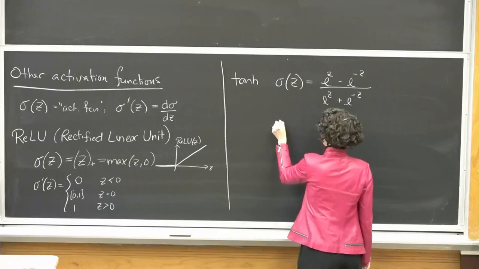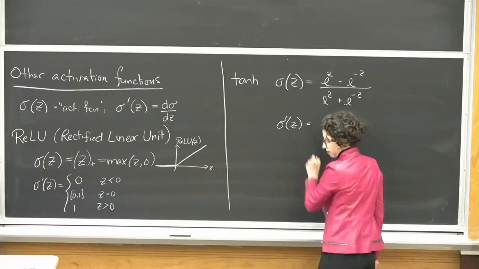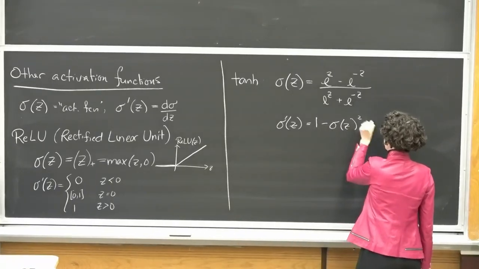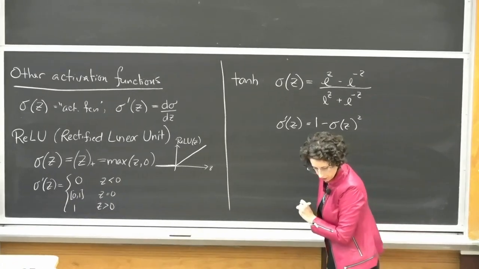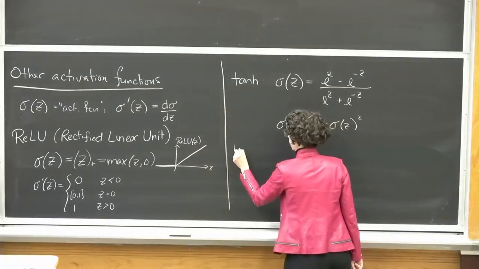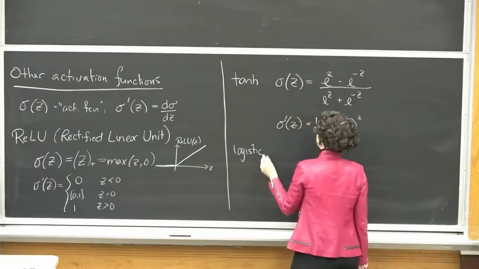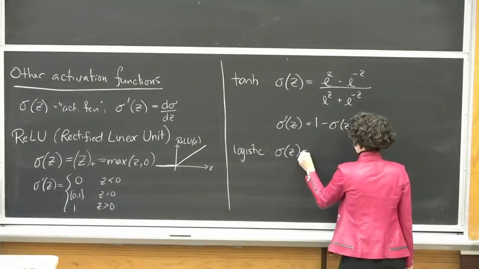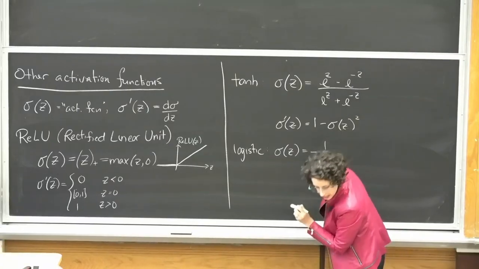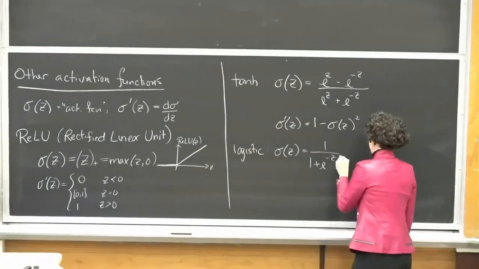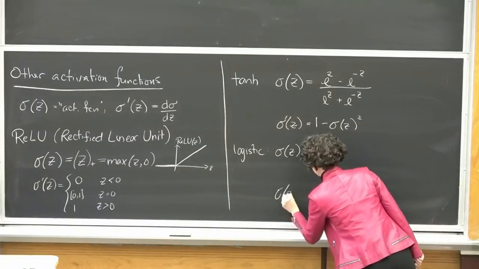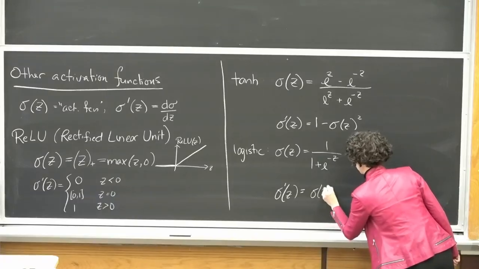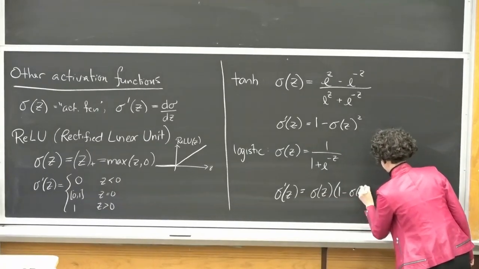Here, sigma prime of z, the derivative, is equal to 1 minus sigma of z squared. And then finally, we're going to look at the logistic activation function, where sigma of z is equal to 1 over 1 plus e to the negative z. For this, the derivative sigma prime of z is equal to sigma of z times 1 minus sigma of z.